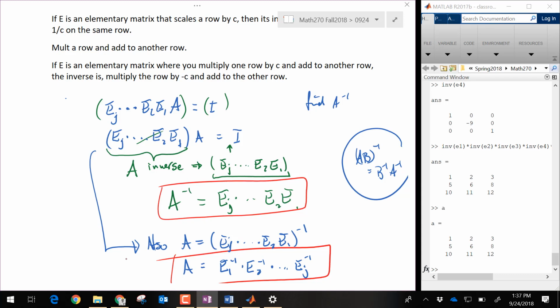But now I don't have to explain all that stuff in the worksheet. I could just give you the problem, and you have to look for E1, E2, E3, and all that.